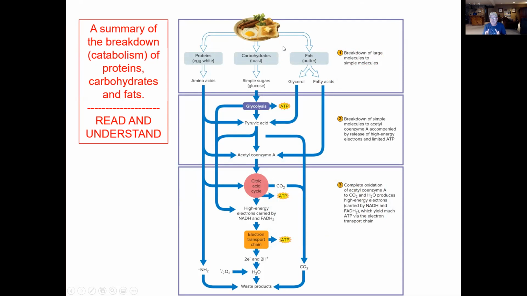So in a meal like that, or even any meal that you eat, if you just stop and think about it, if it's a big meal, you more than likely will have all major organic molecules there in those foods you're eating. Think of pizza. Well, your digestive system is going to break those down, right? Proteins broken down into their amino acid building block molecules, carbohydrates broken down into simple sugars, fats undergoing hydrolysis to form glycerol and fatty acids, right?